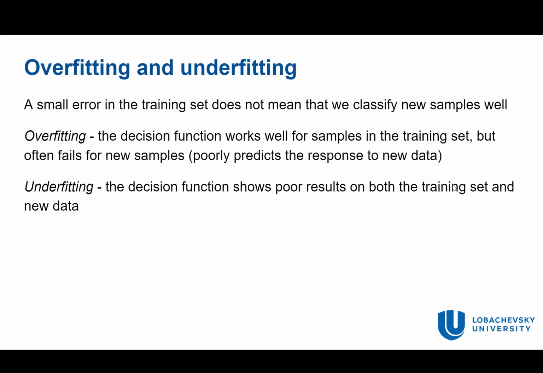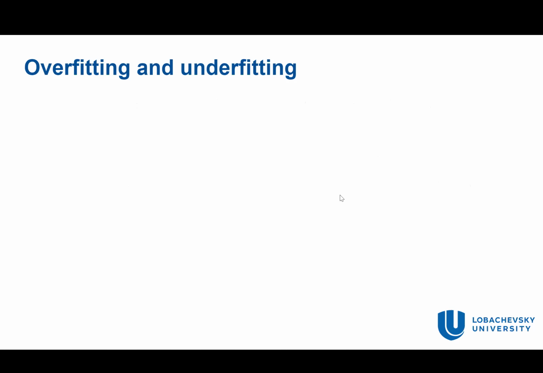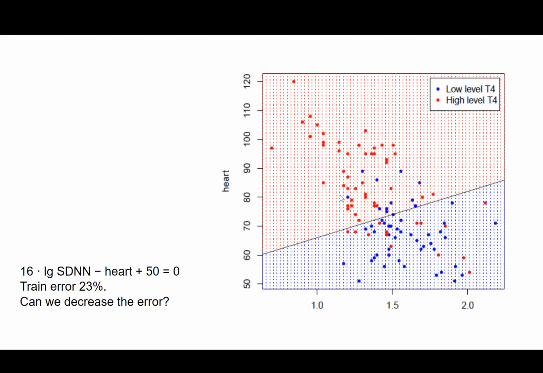There is another phenomenon, underfitting, when the decision function shows poor results on both the training set and new data. Let's imagine that here, for example, we use the constant method. So all new objects will be classified as red points.